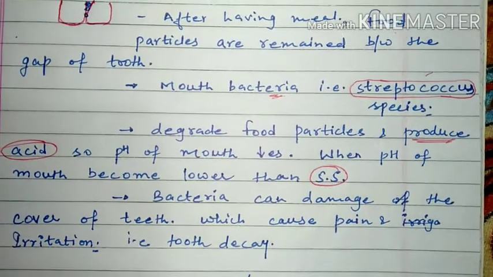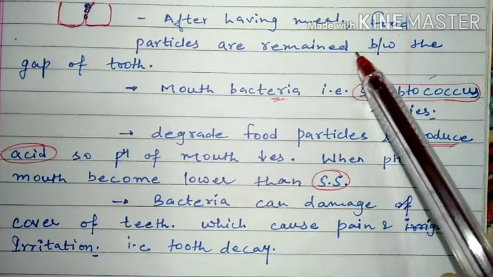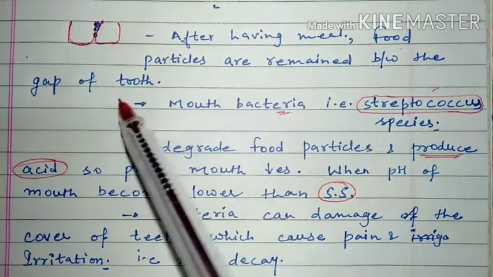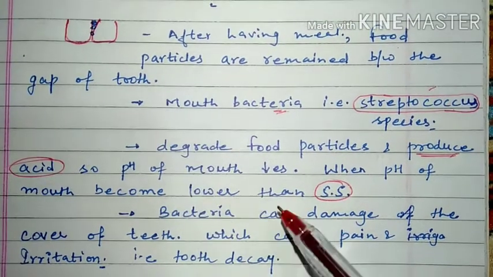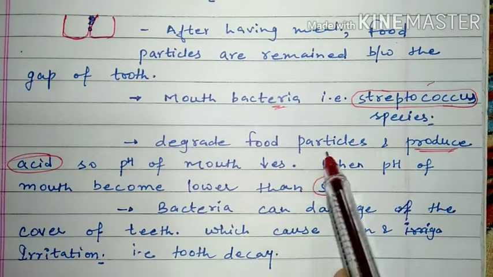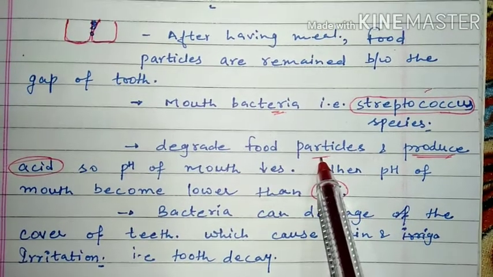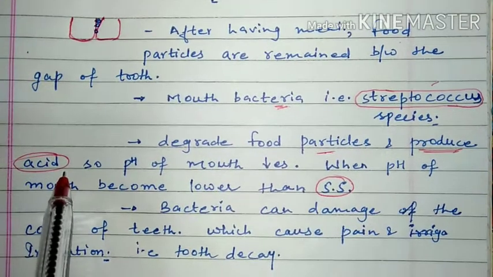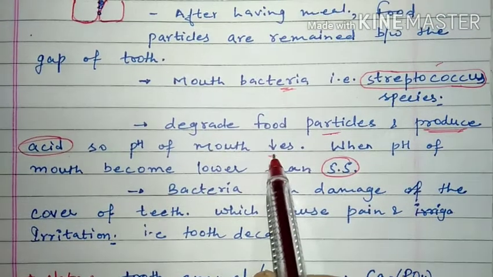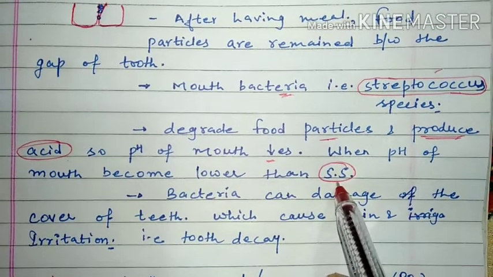When these food particles get stuck in the gaps of the teeth, this bacteria can degrade the food particles and produce acid. Because of that, the pH of the mouth decreases to 5.5 or below.